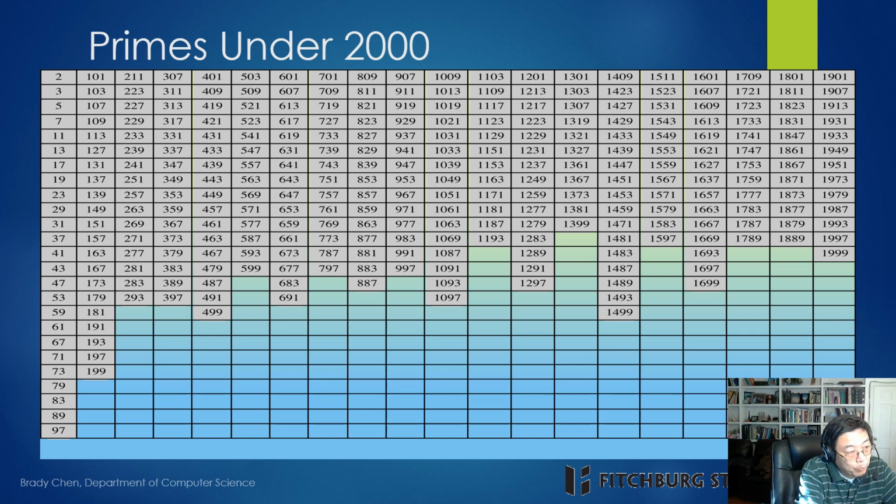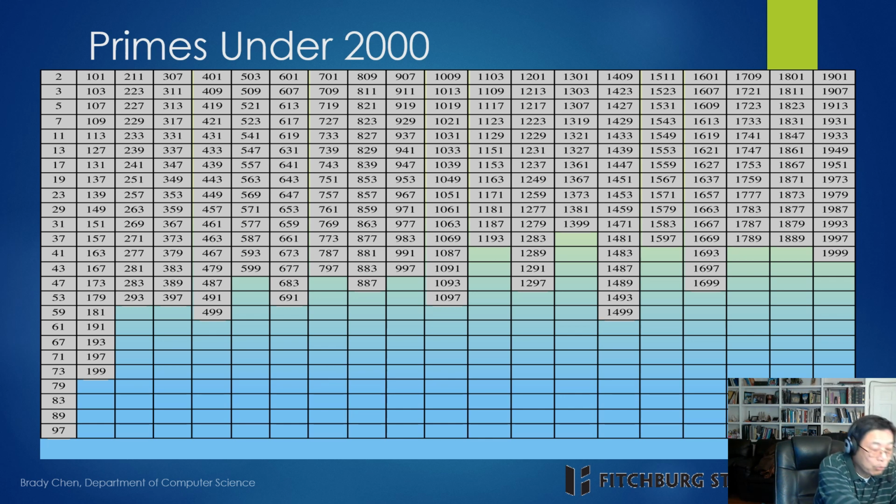Even though prime numbers are very easy to understand, in number theory they are also very difficult to study. For one, if we try to study how the prime numbers are distributed, it's not easy. Let's take a look at this table of prime numbers under 2000.